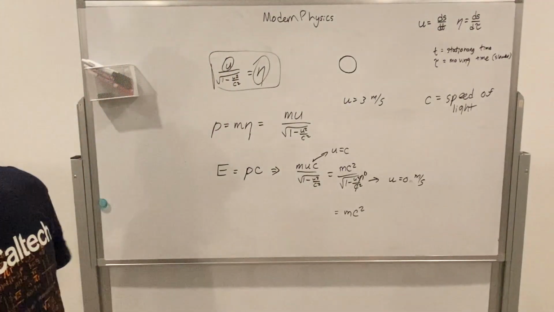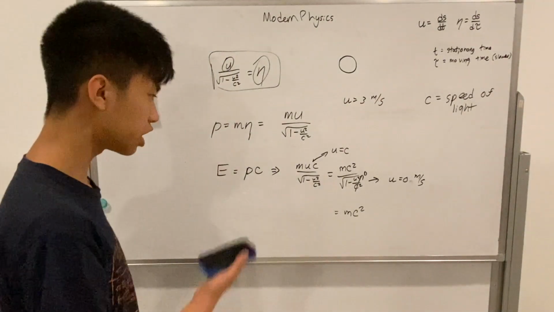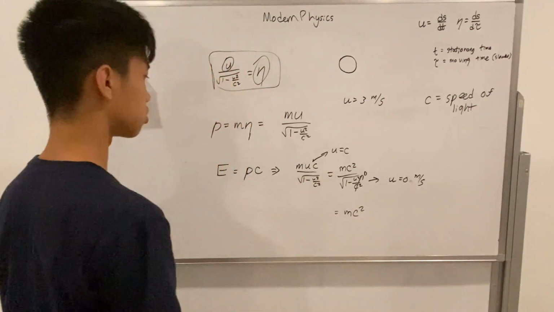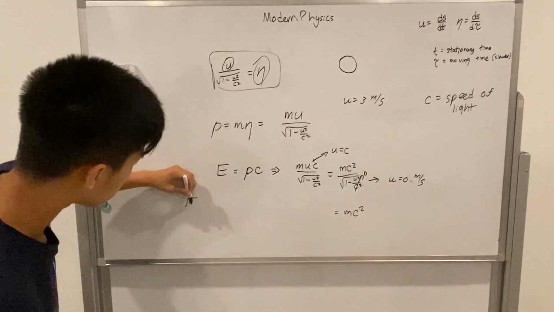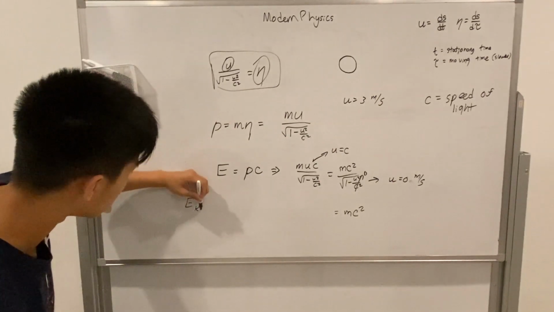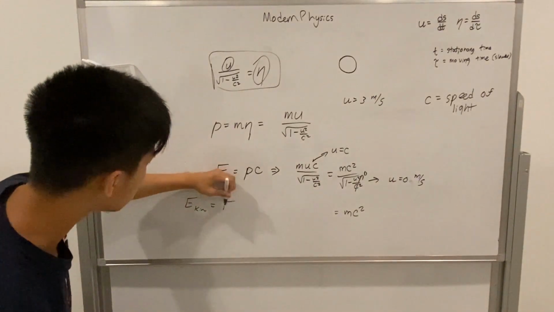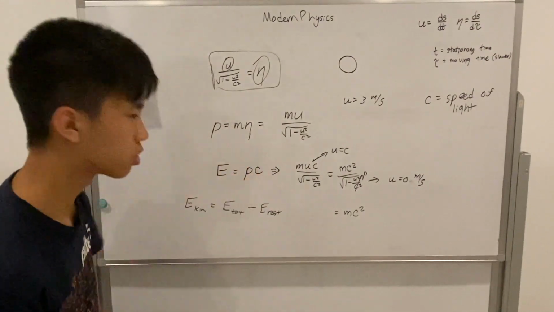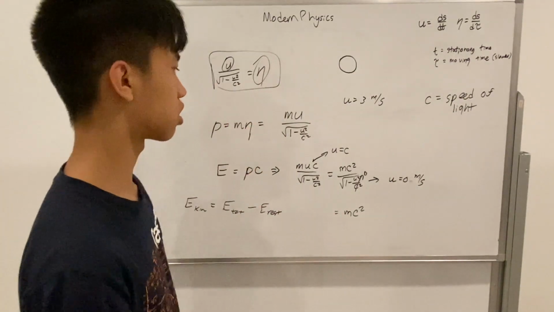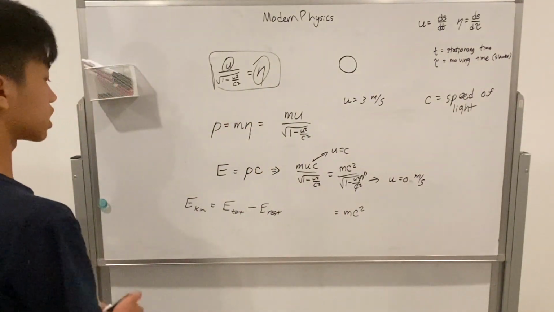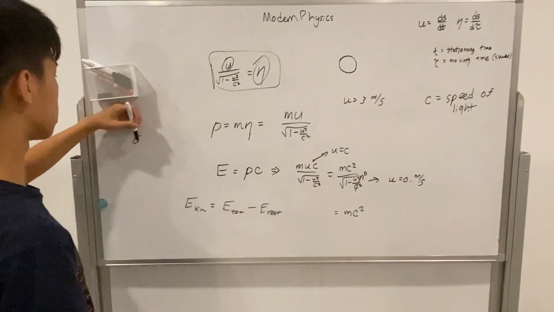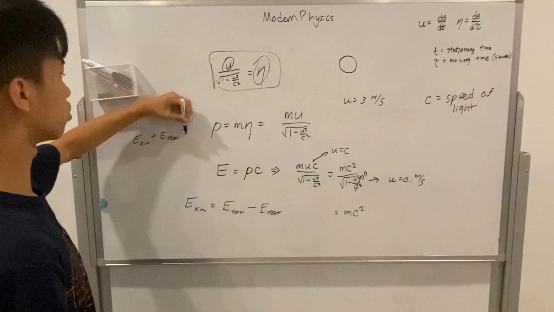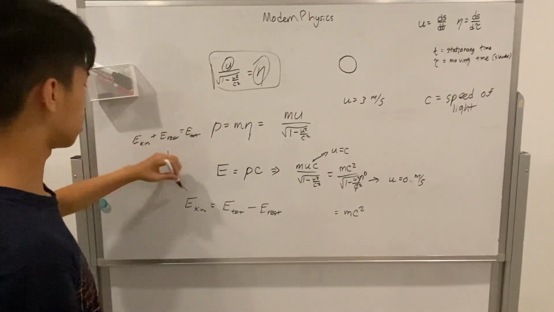Now, there is going to be a different formula for when the object is actually moving. It's not still going to be mc squared. Rather, it's going to be E kinetic energy equals E total minus the E resting energy. Because the thing is, when an object is moving, it still has that intrinsic resting energy, but now it has kinetic energy. So you could kind of think of it as E kinetic plus E rest equals E total, and then that becomes that.